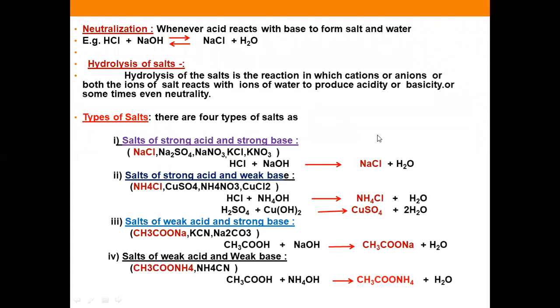Now let us start with the definition of hydrolysis. Before going to the definition of hydrolysis, first of all, we will see the definition of neutralization. In the 9th, 10th and 11th standard, we had seen what is meant by neutralization.